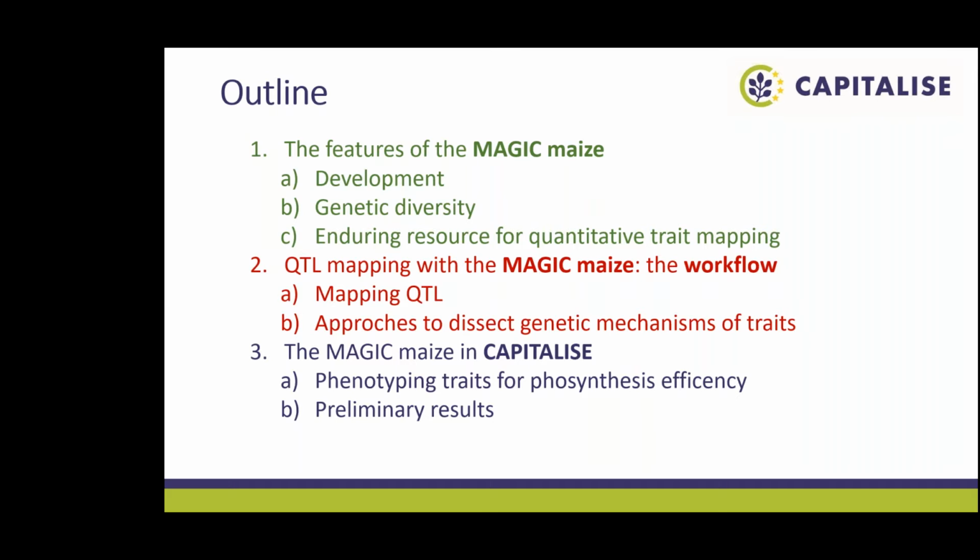I will show you the principles behind mapping a QTL, and the possible approaches that can help us dissect the genetic mechanism of complex, quantitative traits. And then we will move on to some preliminary results from data that we are analyzing, coming from the project CAPITALISE.